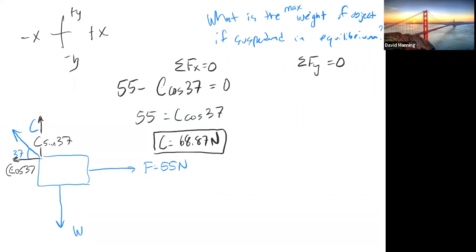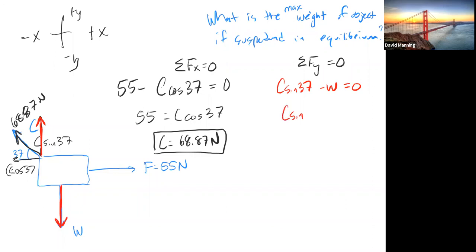So what is the maximum weight that can be supported by this force? We know that this force right here is 68.87. That is not equal to the weight. The y component of that force is going to equal the weight. Those are the two forces going against each other. So when we do our y, we have C sine of 37 minus W equals 0.